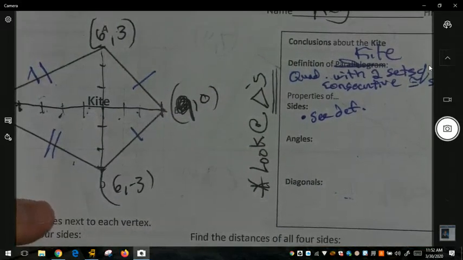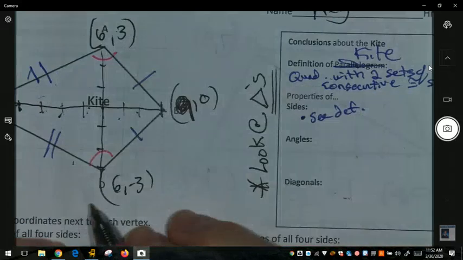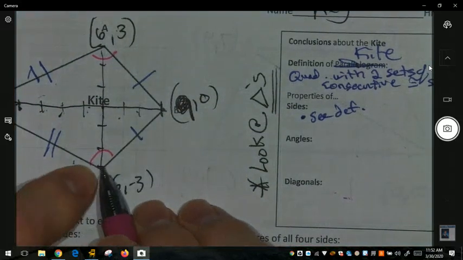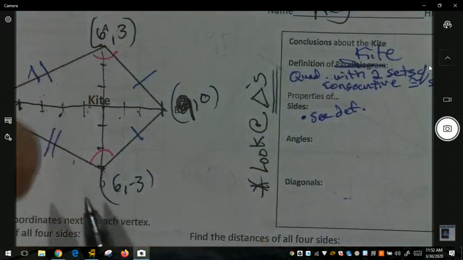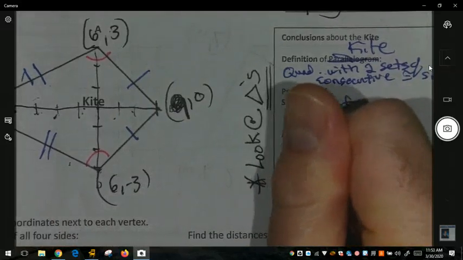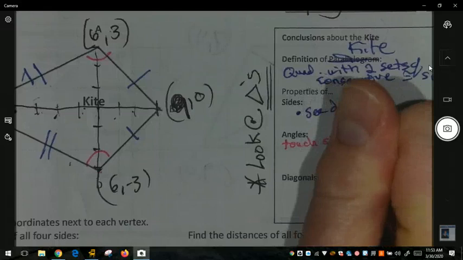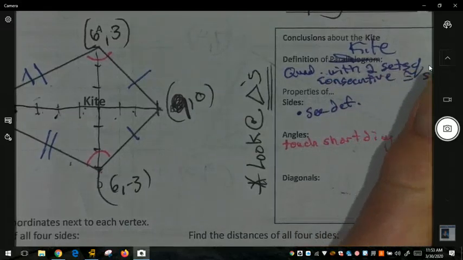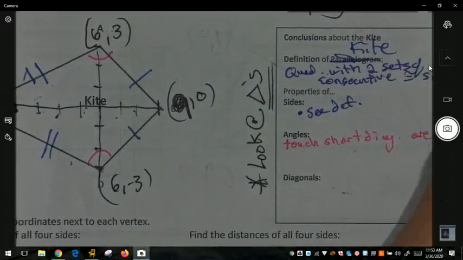They could be, but they don't have to be. The angles are a little unique. The ones touched by the shorter diagonal are congruent.